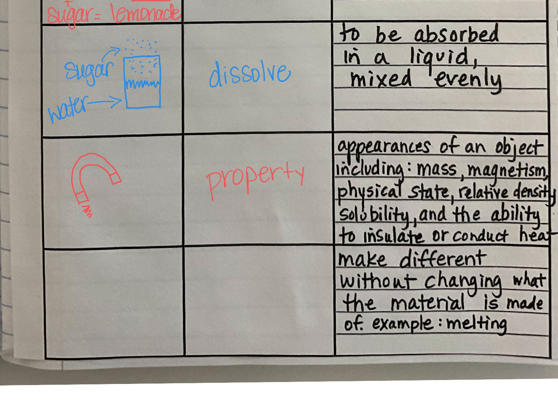The magnet is going to pick up the nails. Nails and a magnet. So nails have the property of magnetism, right? Nails are a type of metal. They're made of metal, so they are magnetic.